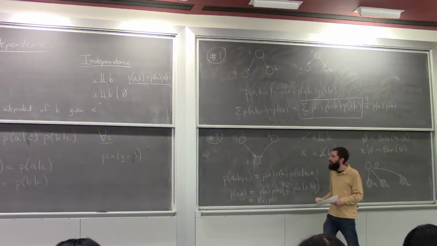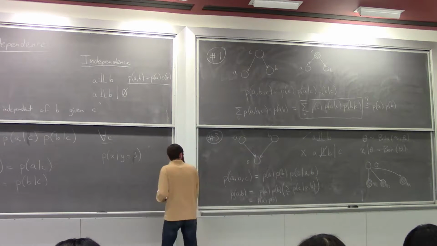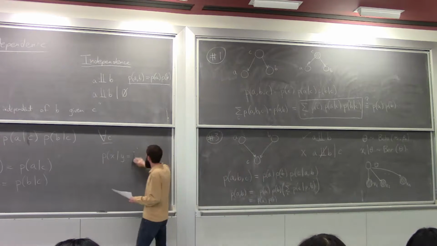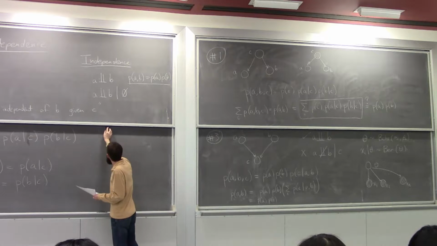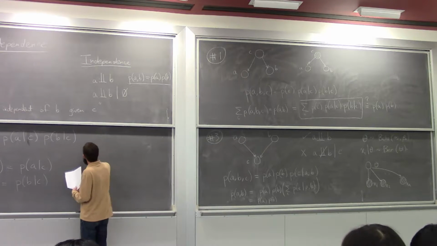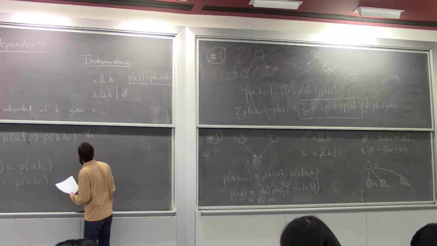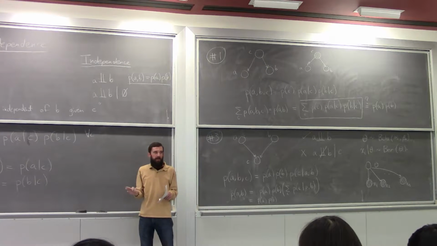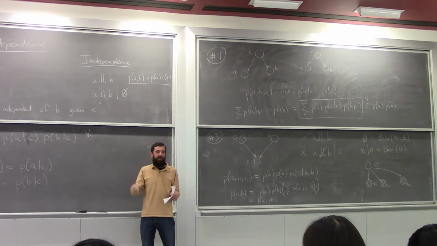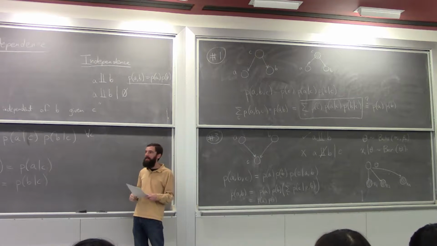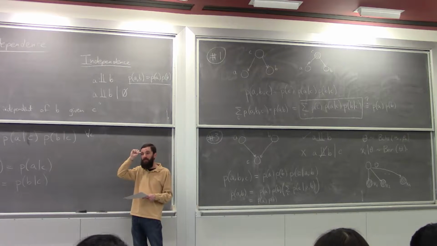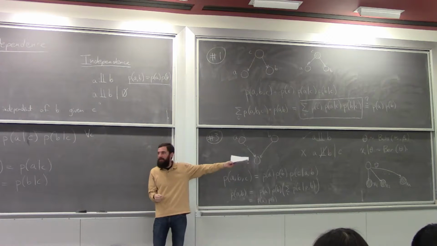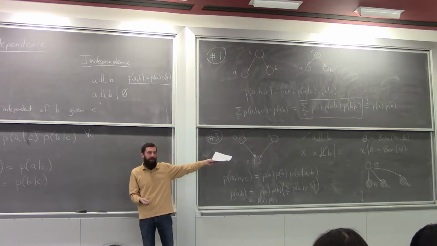Again, I strongly recommend going through these examples in all the arithmetic gory details, because you really need to convince yourself that this can happen, that you can lose independence by observing another random variable.